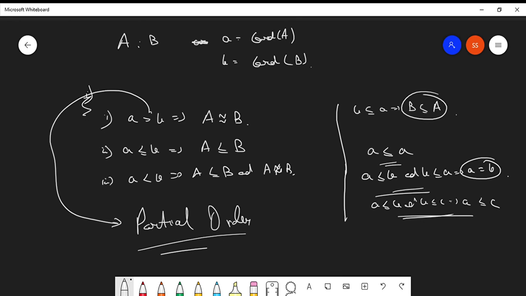So this is basically an equivalence relation. Now if you consider the family of equivalence classes of sets, with cardinal numbers denoted by small a, then you can show that this relation is a partial order on this family. Clear? Got it?